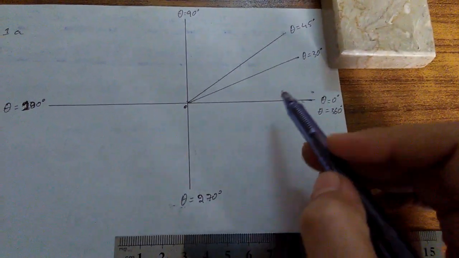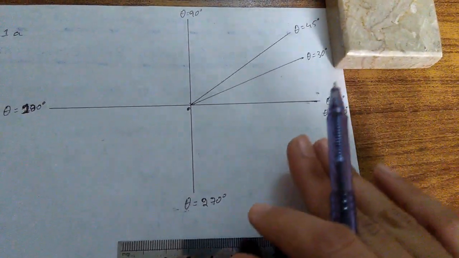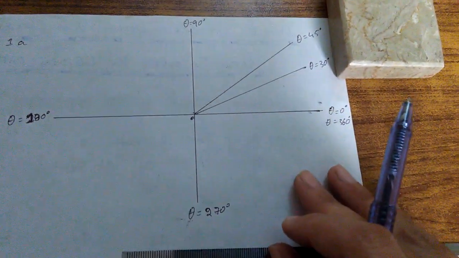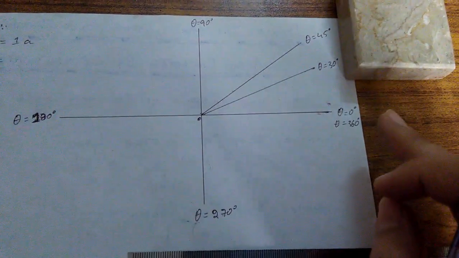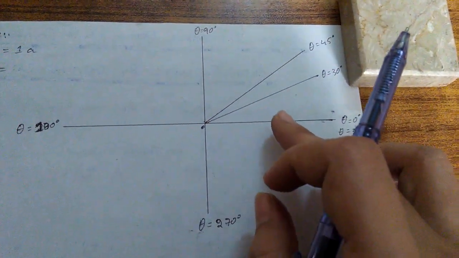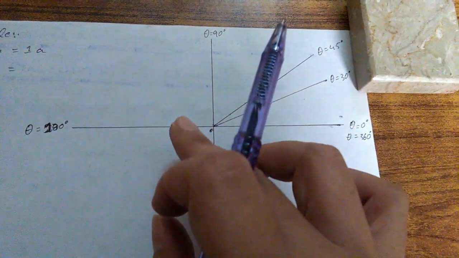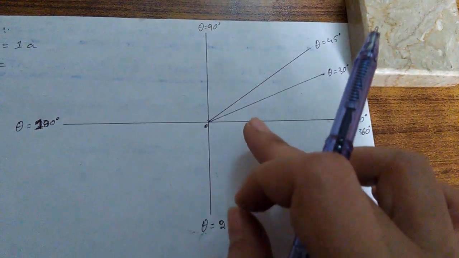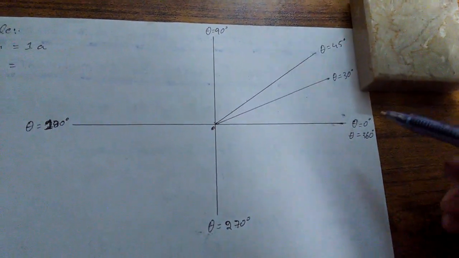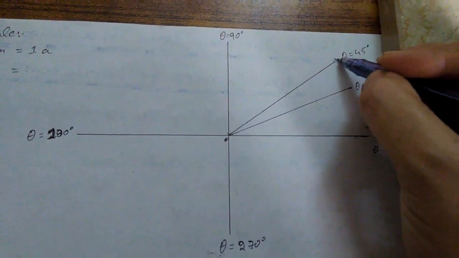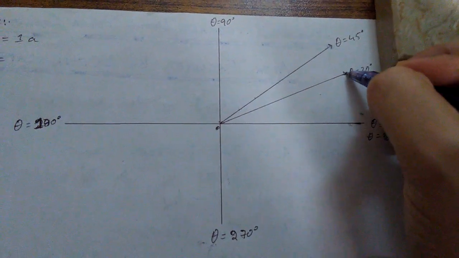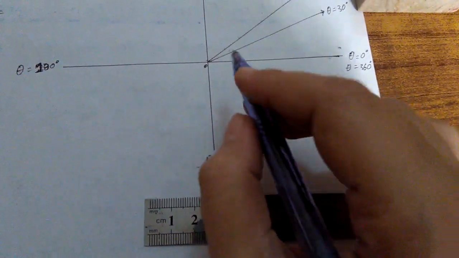This is your polar coordinate system, a polar plane, and the angles I've just specified here, you can see. It starts from 0 to 90 to 180 to 270, and once again 360. Over here I've maintained two rays representing theta equals 45 and theta equals 30.